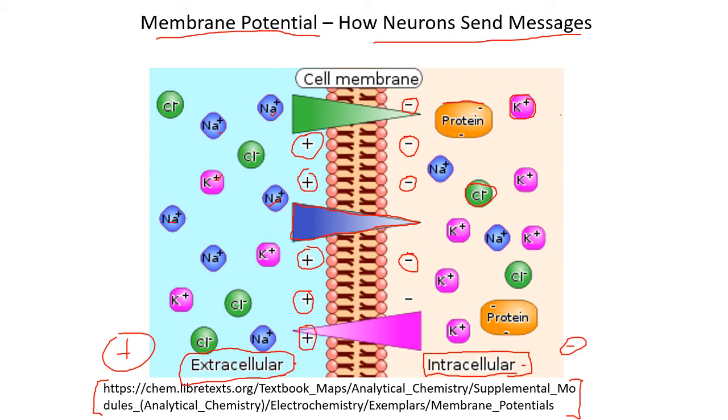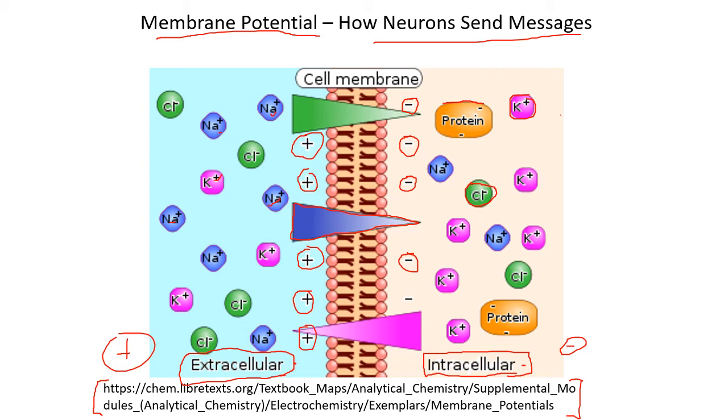What happens is the channels are going to open up, and the charged particles are going to move based on where they want to go, right? So you'll see in your assignment there's going to be talk about a chemical gradient as well as an electrical gradient.